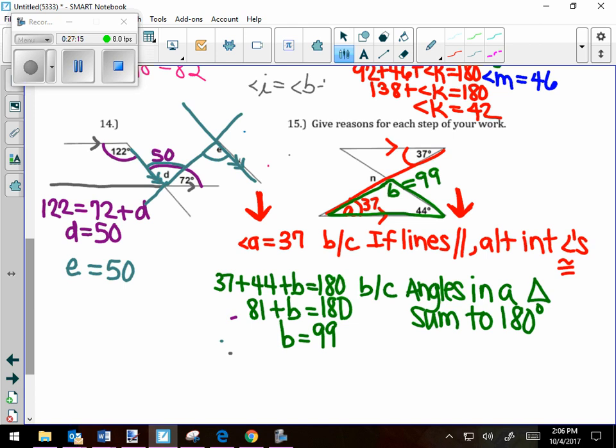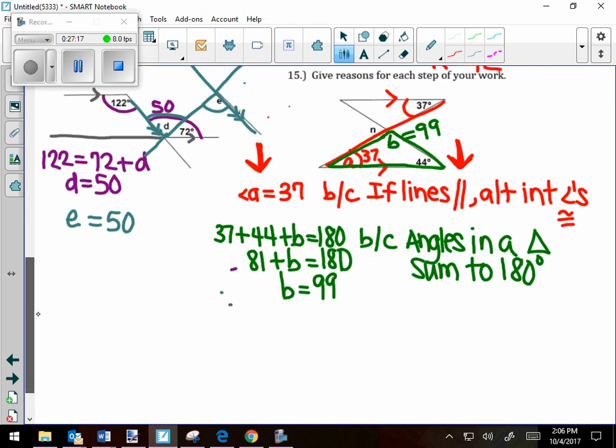And I'm getting these reasons from up above in that initial text box that we had up above. And then I have one more step that I'm going to do here. And my one last step is going to say what I know about angle N and angle B. They sit on a straight line, so that means that angle N plus angle B of 99 has to equal 180. Minus 99 from both sides, and I get angle 81 degrees.